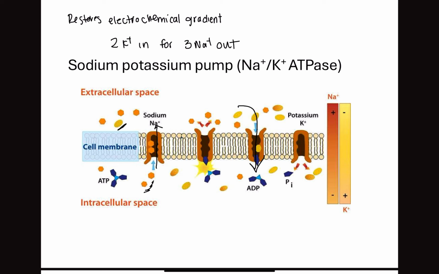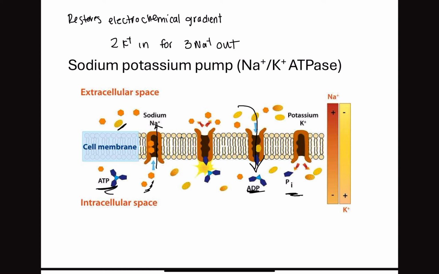So potassium and sodium are actively being transported, and this active transport requires ATP. And here's our little ATP. ATP is hydrolyzed into ADP and an inorganic phosphate, which fuels our ion transport.